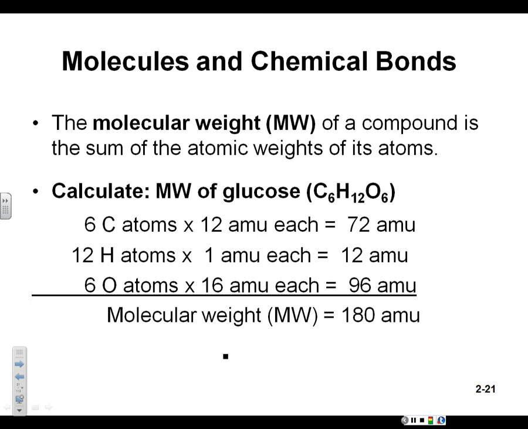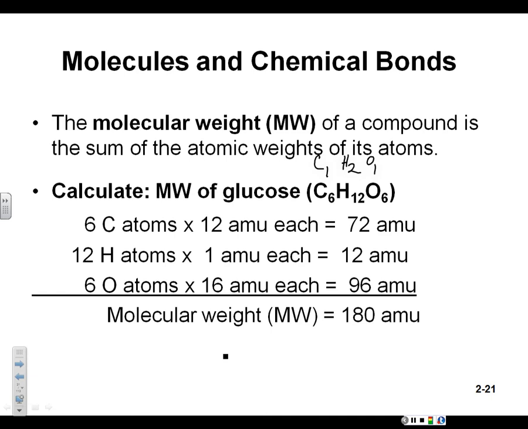So this would be what? 1, 2 to 1 what? Ratio. So if I got 6 carbons, then we know carbon weighs what? Alright, 6 times 12 is what? Hydrogen weighs what? How many of them do we have? Alright, that's 12. Oxygen weighs how much? How many of them do we have?